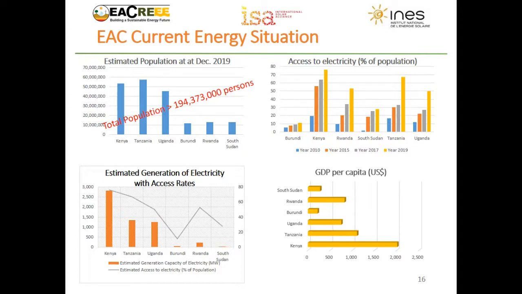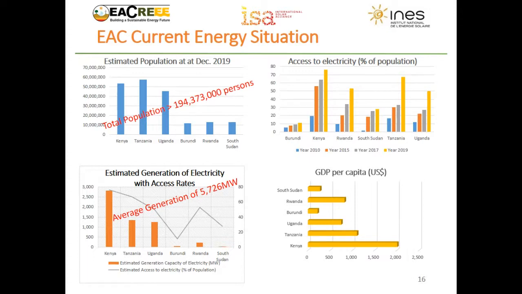Then followed by the remaining 3, with less than 250 megawatts each, which also reflects the perspective with the population.